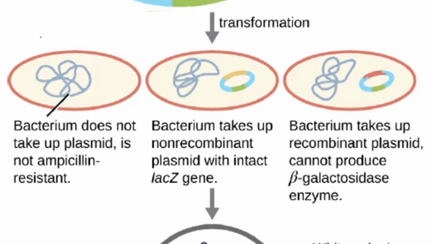The other two possibilities are that the bacterium takes up the plasmid, or the bacterium takes up the plasmid that contains the insert, the gene of interest. Both of those will grow on media containing ampicillin because both of them have the plasmid.